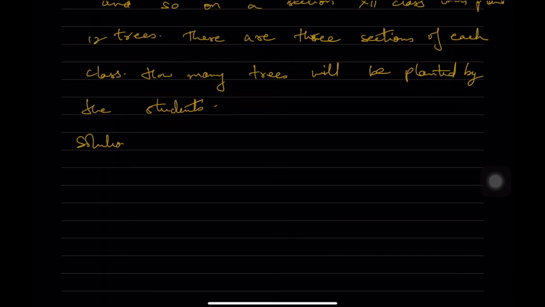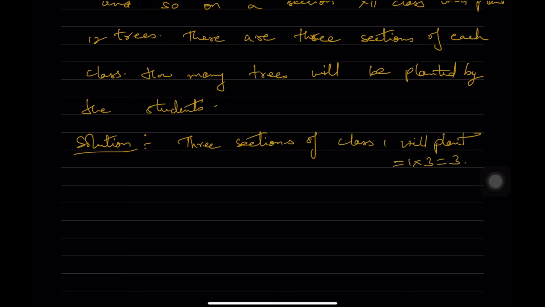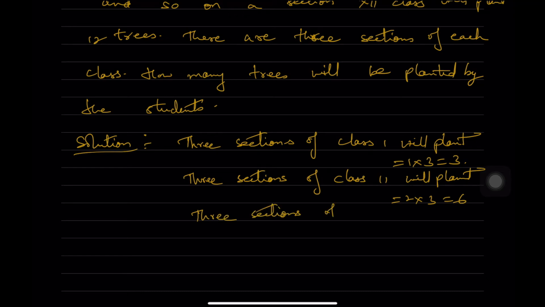So your solution is: 3 sections of class 1 will plant 1 into 3, that is 3. 3 sections of class 2 will plant 2 into 3, that is 6, and again 3 sections of class 3 will plant 3 into 3, which is equal to 9.